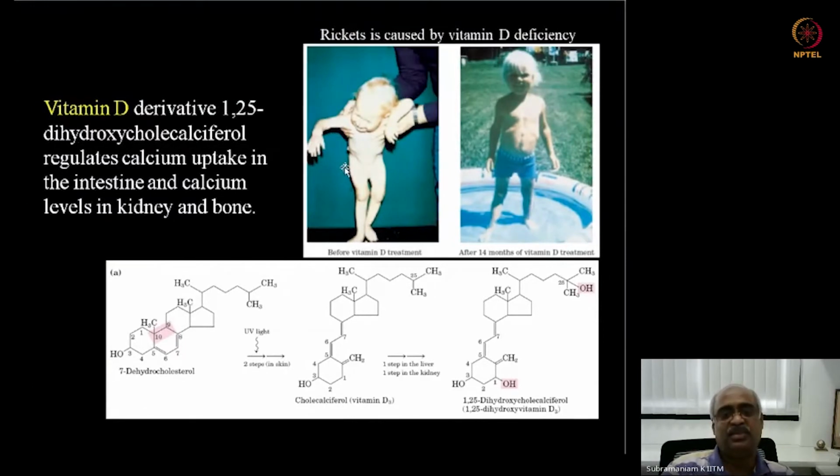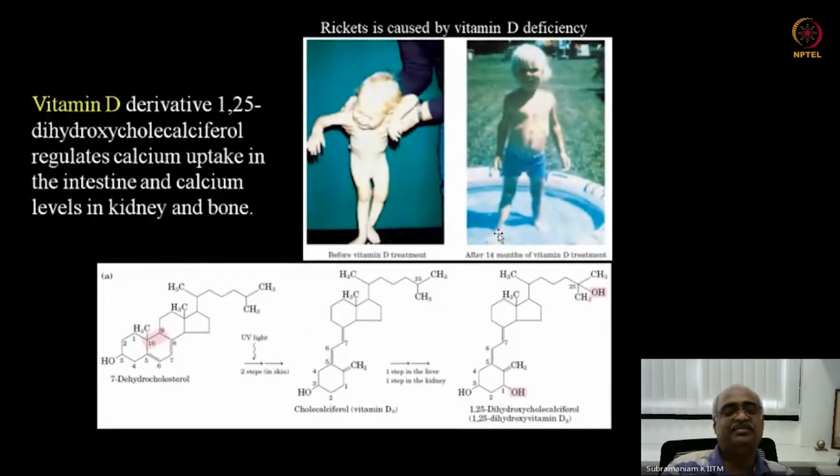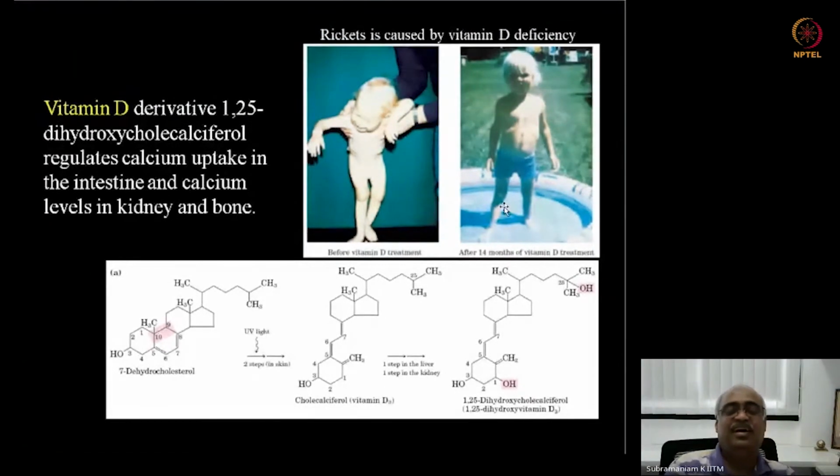And 14 months after providing vitamin D, you look at how the child is. This is why people say knowledge is power. Inquiring and investigating nature and understanding the molecular basis of it helped us solve this problem. It's very dramatic. You can see the difference between these two pictures, and this is what vitamin D does.